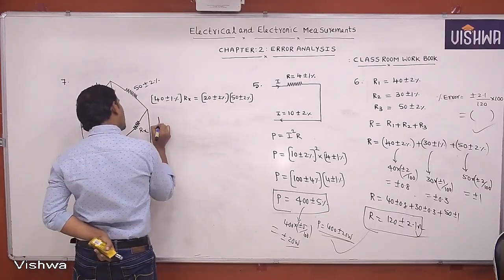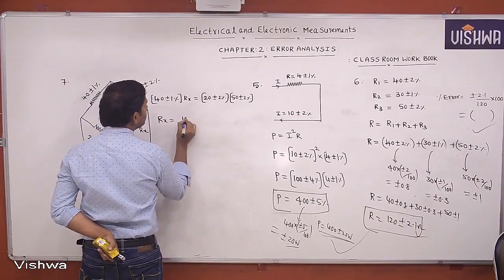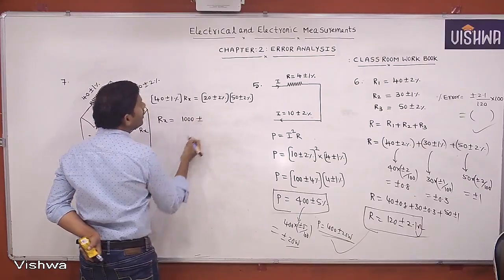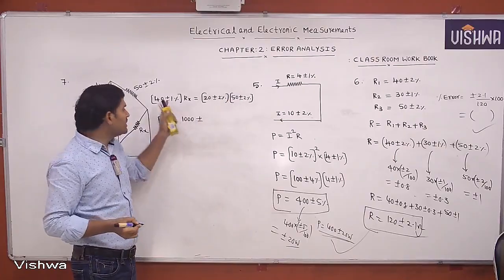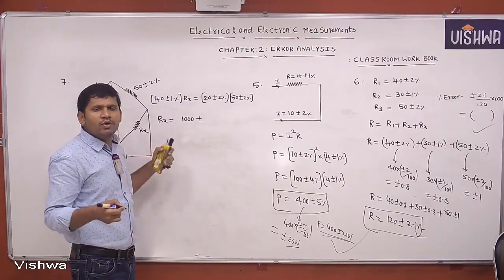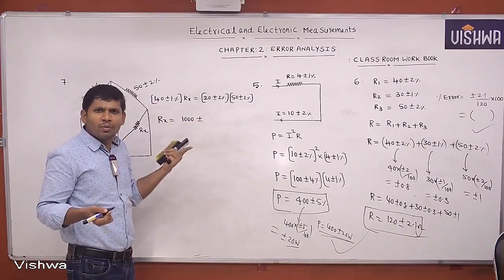Then the unknown resistance Rx equals 20 into 50, that is 1000, plus or minus. In multiplication, the limiting errors are added. If the problem is given in absolute form, then you convert into limiting and then solve. But here it is directly given in limiting, so no problem, easy to solve.